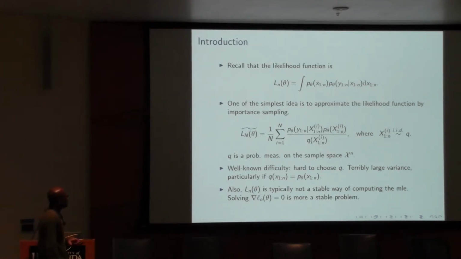And also, computationally, it also makes sense. It also seems that perhaps it's better to try to solve this instead of working on the likelihood scale, which can introduce some other numerical issues.